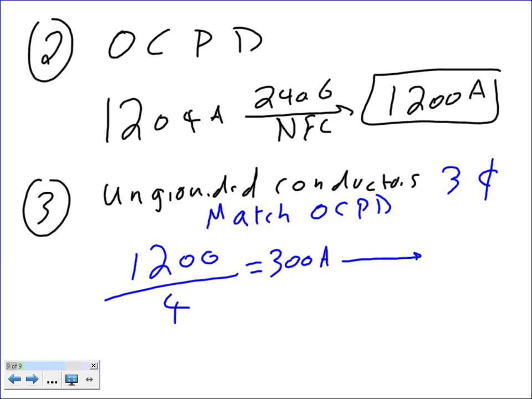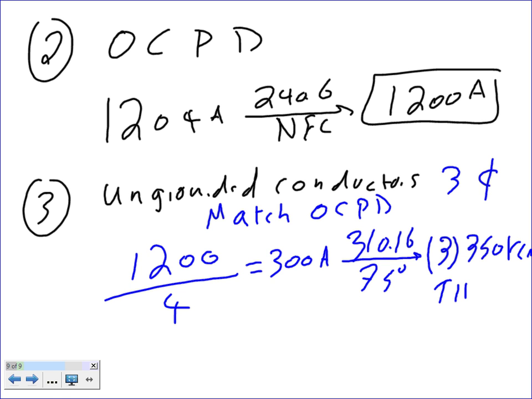Everybody in second nature, what I'm doing here, 310.16, under the 75-degree column. 350? 350. How many? 3 conductors, 350 kcmil.